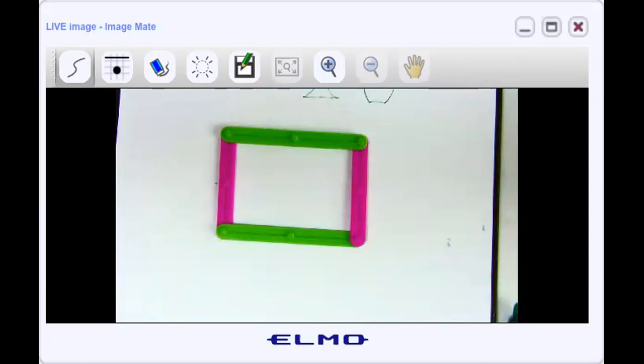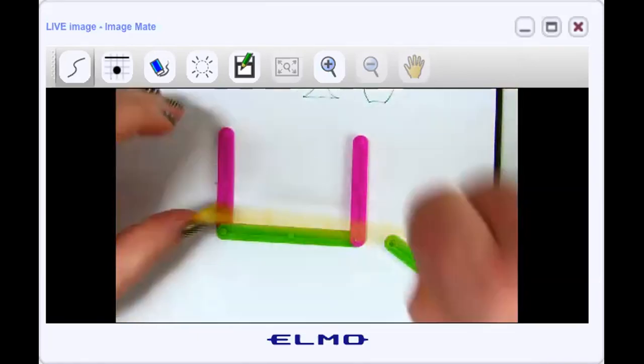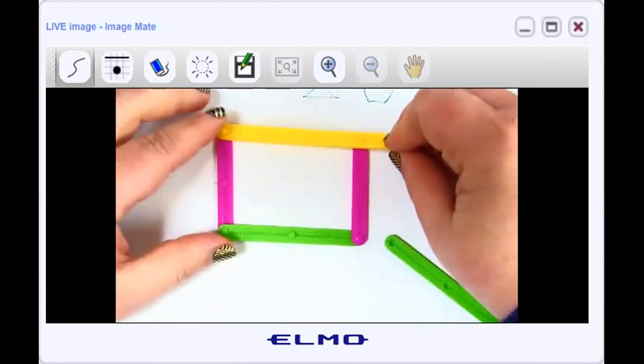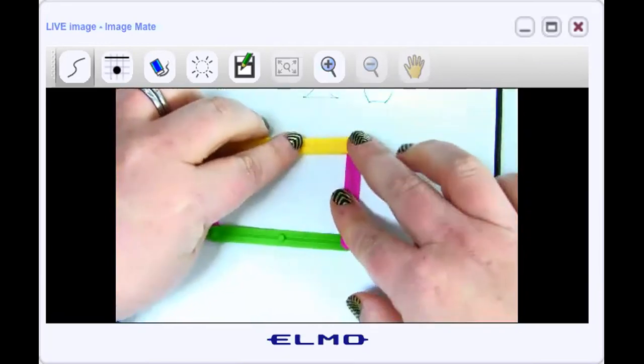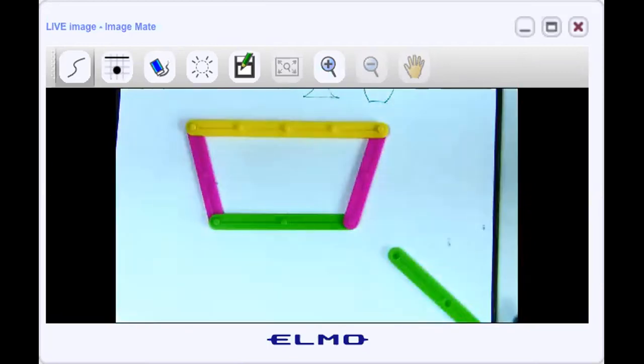Okay, what would you call this thing? What's that? Be as specific as you can, because they're all quadrilaterals, right?